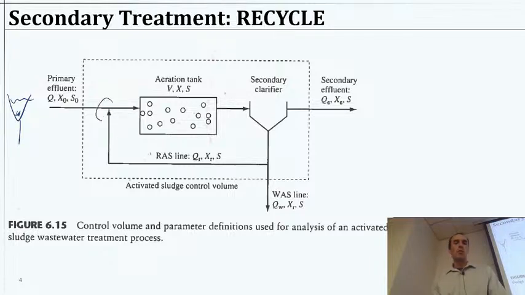So now we might consider, and we will later in the class today, a mass balance on this little juncture to understand what's really entering our tank. Okay, because it will be a little different than what's coming out of the primary treatment and into our secondary treatment.